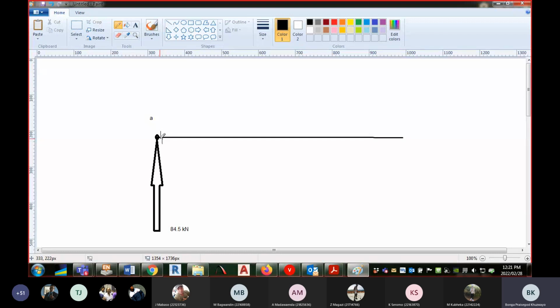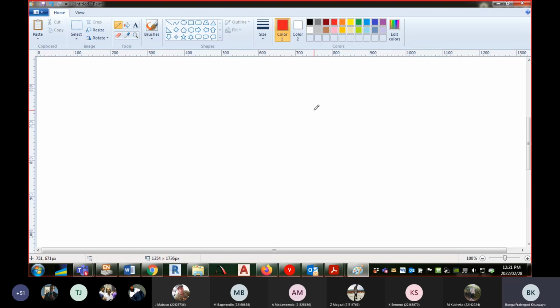It is the smallest distance you can think of. So you go just to the right of node A. If you go just to the right of node A, what's going to happen is this. Now this is where we're taking the section.